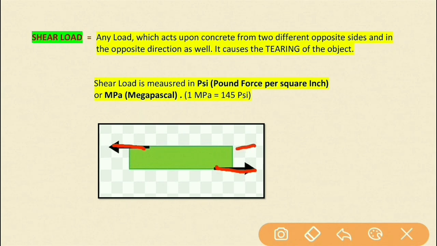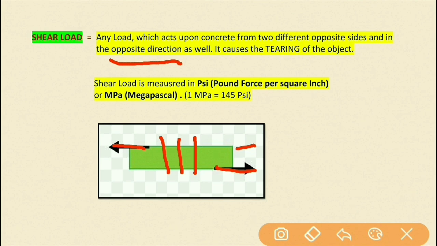So this is called shear forces, and these forces act in opposite directions as well. Their direction is opposite, so it causes the tearing of the object in the middle. Because two forces are acting in the opposite direction, they are creating a tearing in the object.